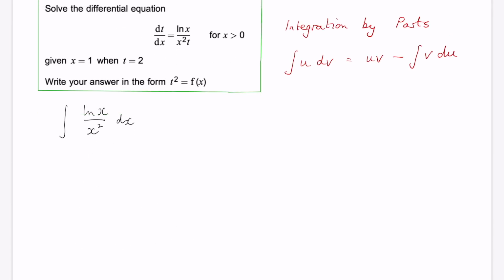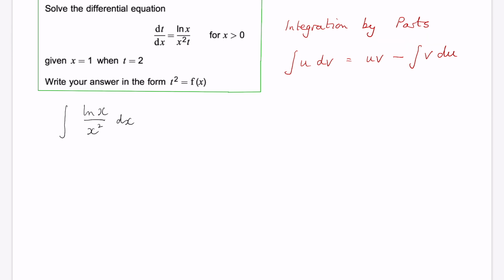We're now faced with this second integral, and the problem is that log x cannot be integrated, but it can be differentiated, and there is a method of integration which involves differentiation, and that is integration by parts.